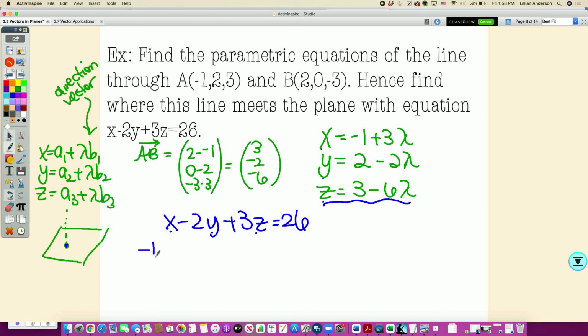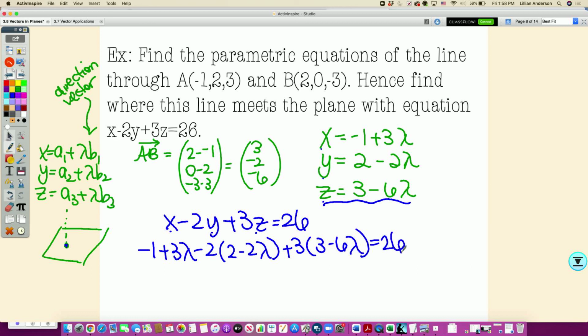So I'm going to plug in -1 plus 3 lambda minus 2 times 2 minus 2 lambda plus 3 times 3 minus 6 lambda equals 26. Again, I'm plugging that in because I'm trying to figure out what the value of lambda is by using both pieces, the line and the plane. And then I'll be able to plug in the value of lambda to actually get the point where they intersect.